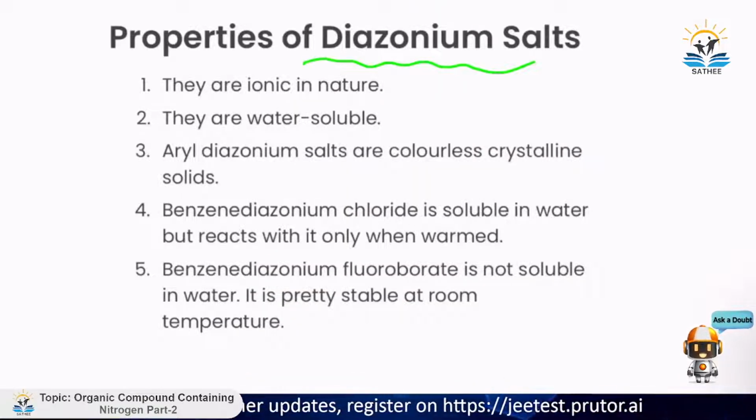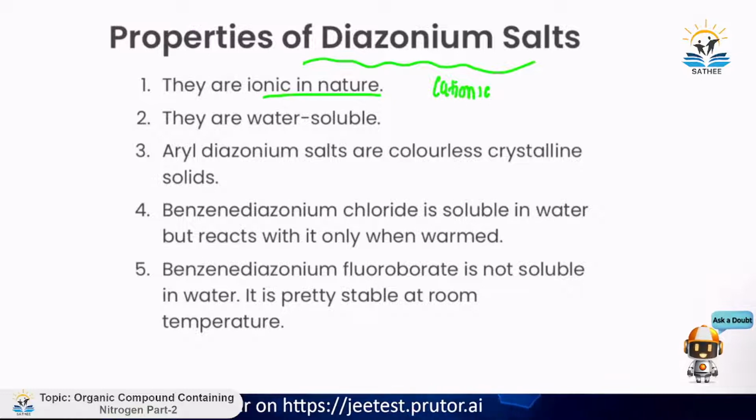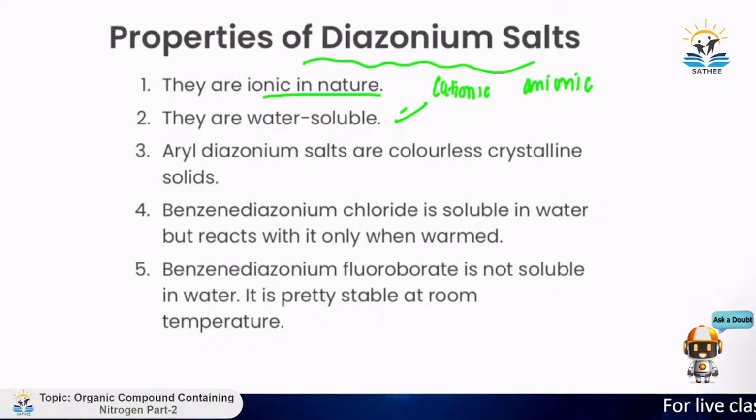These diazonium salts are ionic in nature. We already saw there is a cationic part and an anionic part. If they are ionic in nature, obviously they will be water soluble. Aryl diazonium salts are colorless.